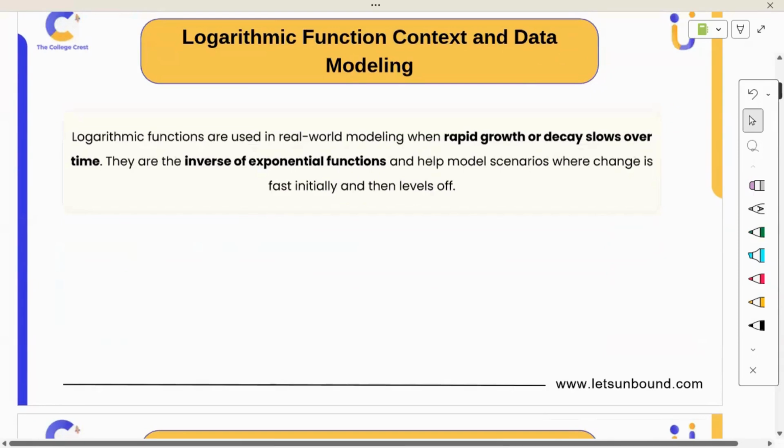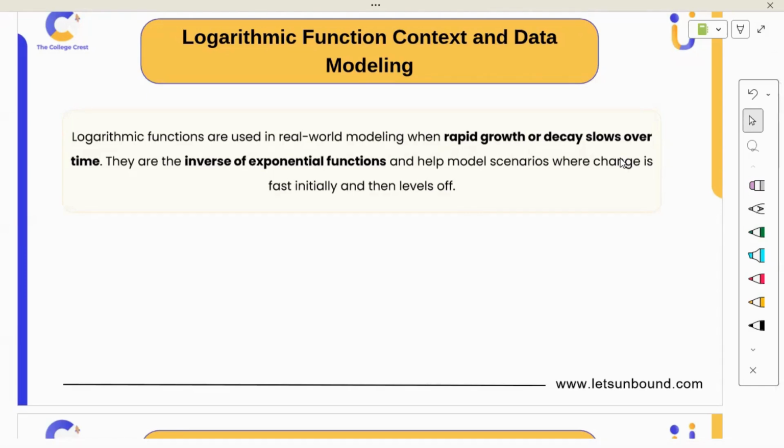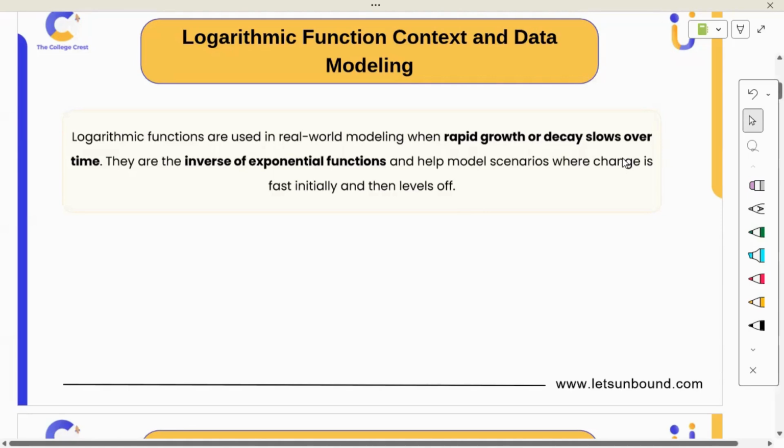Logarithmic functions are used in real-world modeling when rapid growth or decay slows over time. Exponential means the function will show growth or decay. Here, when a rapid growth or decay slows over time, this will be applicable because they act as the inverse, the reverse role of the exponential function.